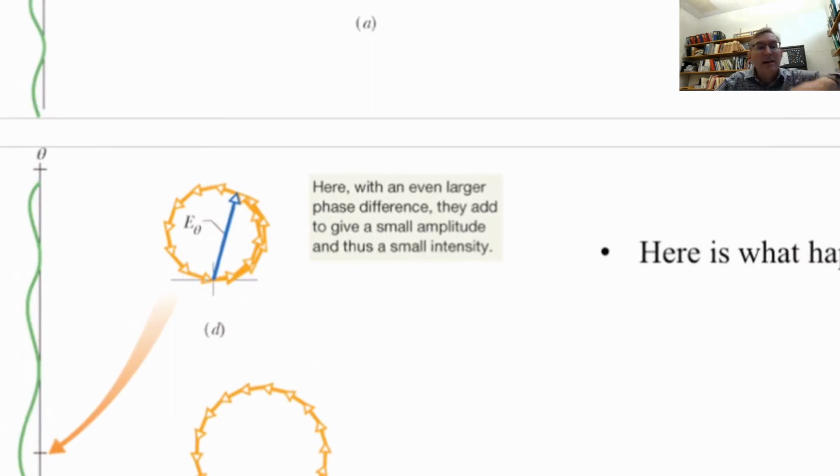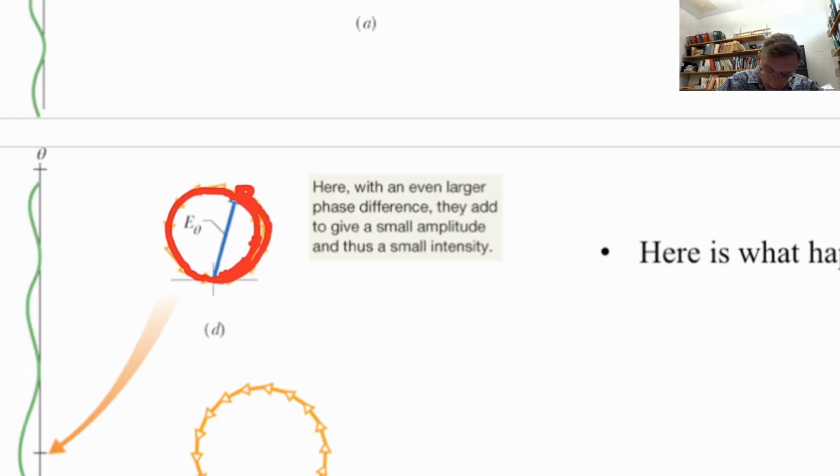Now, I'm at a larger angle theta from the central axis, and so adjacent phasors have an even larger phase difference between them. Okay? So this successive chain of the n phasors really coils around. In fact, it coils around, I'm going to draw it as a continuous curve, so tightly that it does a complete circle and goes a little bit farther before all n of them are done.